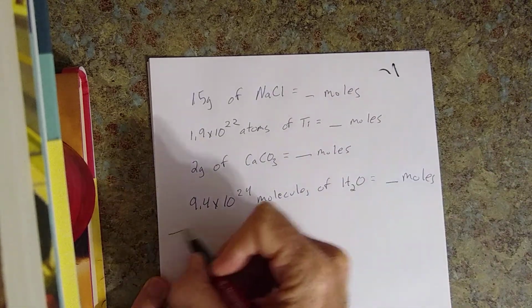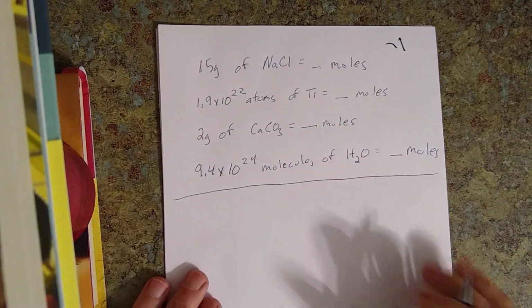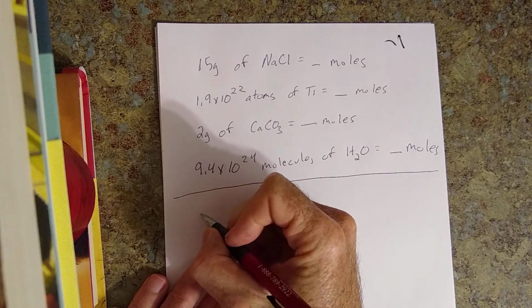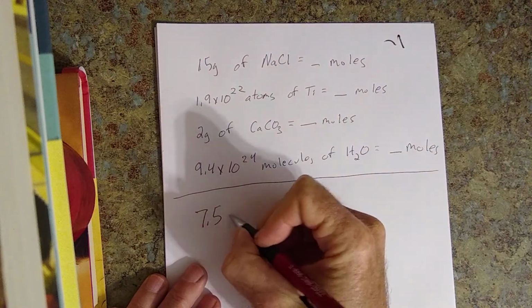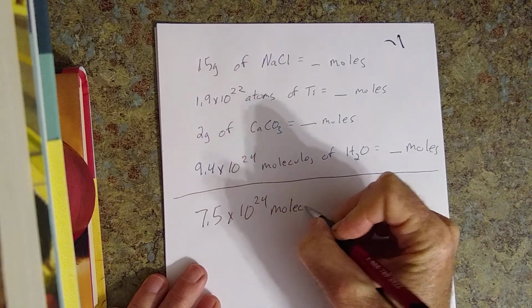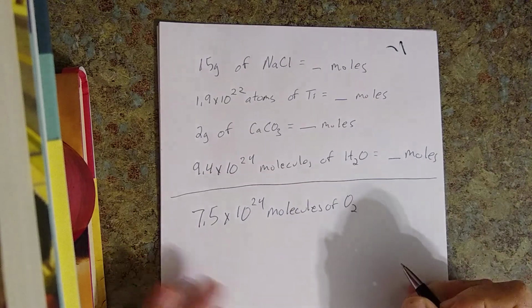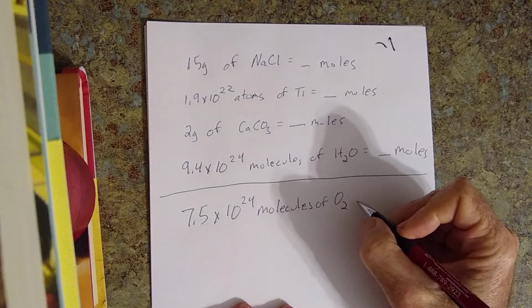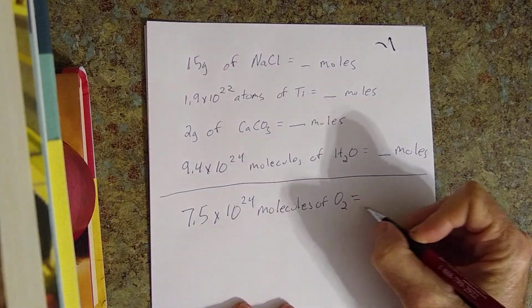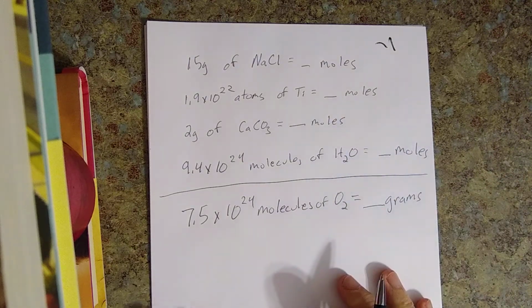All right. So all those are one-step problems. So now we're going to do some two-step problems. How about 7.5 times 10 to the 24th molecules of oxygen would weigh how many grams? See, now this is a two-step problem.